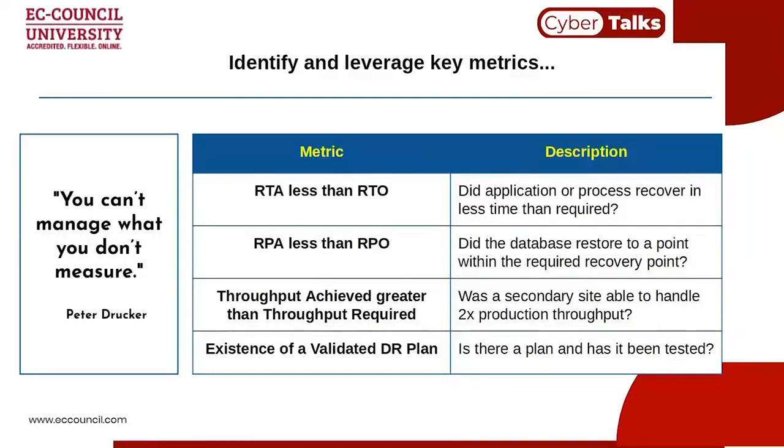Those are two key metrics in measuring the success of a disaster recovery plan. And so we have RTA and RPA, where RTO and RPO are the objectives, so that is recovery time achieved and recovery point achieved.